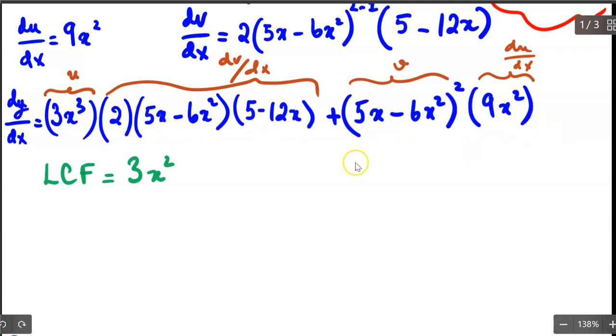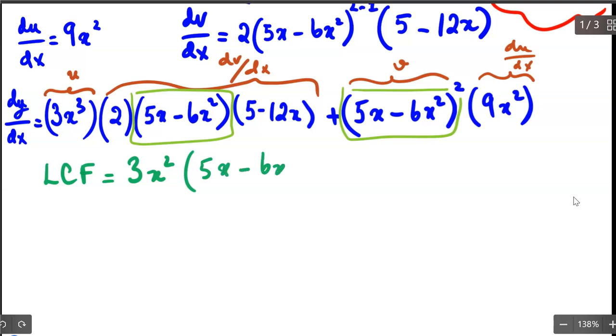Now, take a look at this next one. I'm going to put it in this box for everyone to see. They are a common factor for sure, so you want to divide this into this. That means you need to pick the one with the lower exponent. So you are going to pick 5x minus 6x squared, raised to the exponent 1.